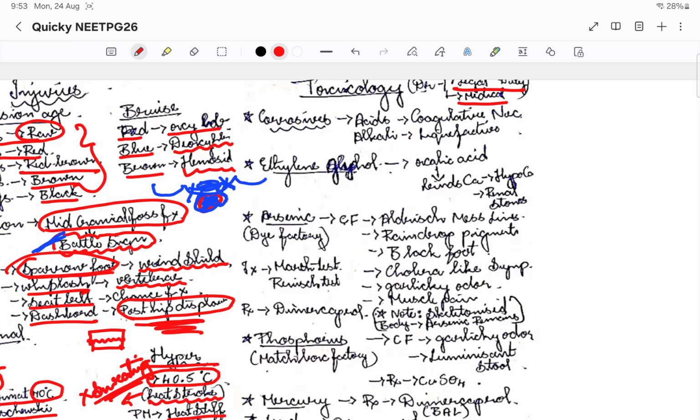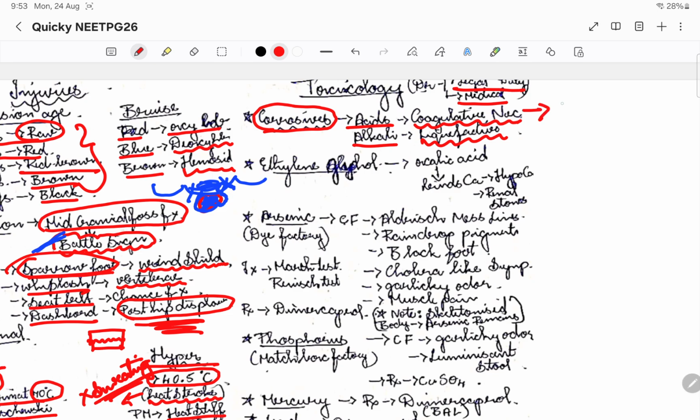Okay, so next, now we'll go to the specifics of toxicology. One is corrosives. So what are corrosives? They are going to be acids or alkali. Acids will cause coagulative necrosis, whereas alkalis will cause liquefactive necrosis. We discussed necrosis, right? Liquefactive necrosis, coagulative necrosis, all these things in general pathology.